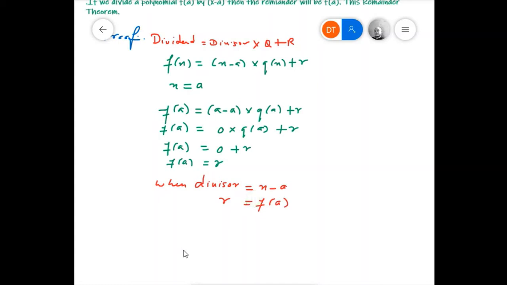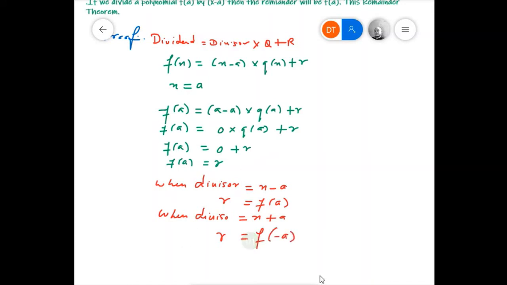But when the divisor equals x plus a, the remainder will be f of minus a.